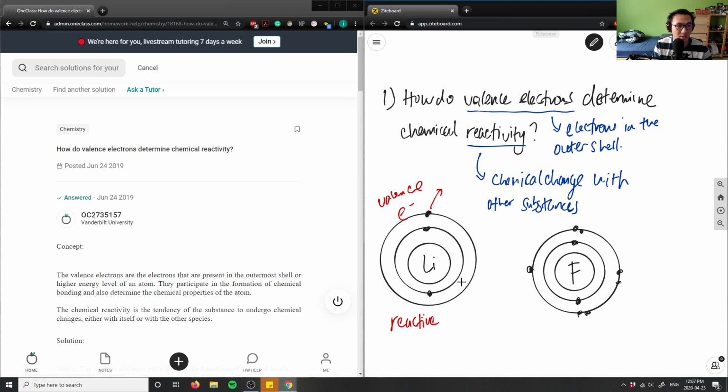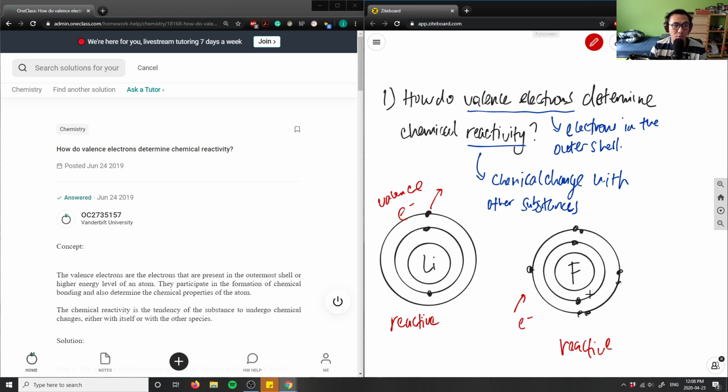I have 7 valence electrons in the second shell here. And this is also very reactive, right? And why is it reactive? Because it only needs 1 more electron, right? If an electron is being donated here, it makes a full shell. So fluorine here reacts very heavily with hydrogen, for example, or with acids. A proton donor would be very reactive with fluorine here.